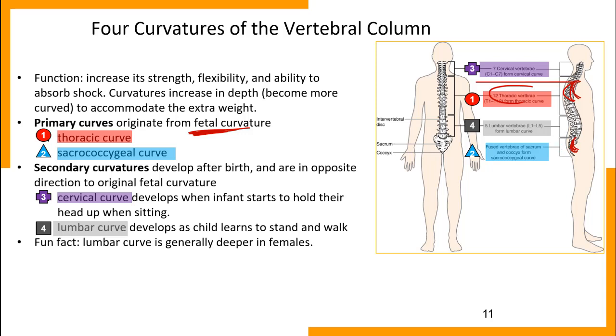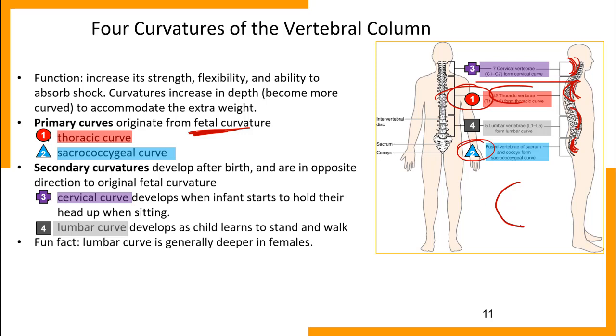The other 2 curves, which is the cervical curve and the lumbar curve, develop as the child learns to sit and walk. So when you have an infant that doesn't move around, that can't sit up, you might notice that the infant's back is just like this, right? Because the infant's back only has the thoracic curve as well as the sacrococcygeal curve, right?